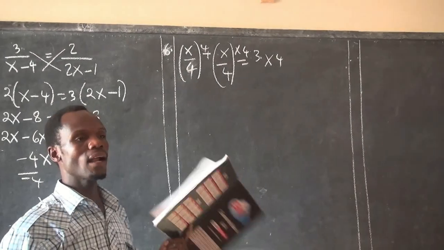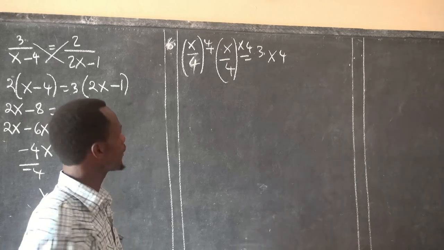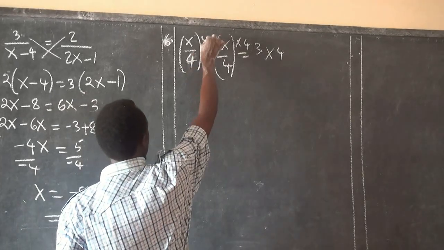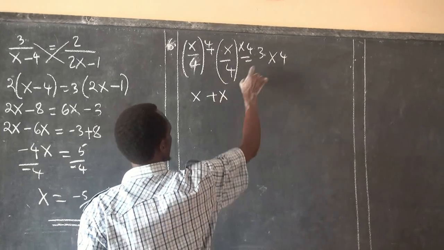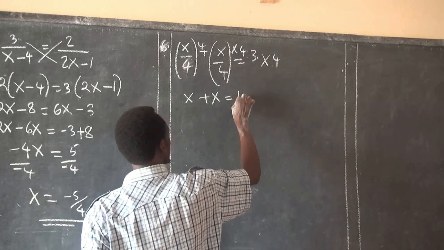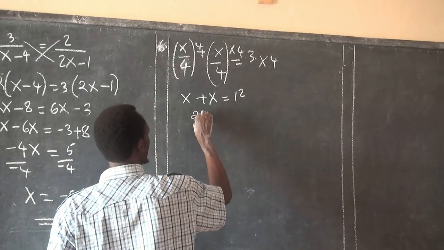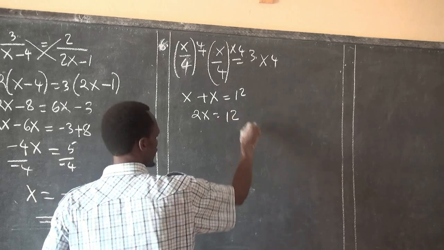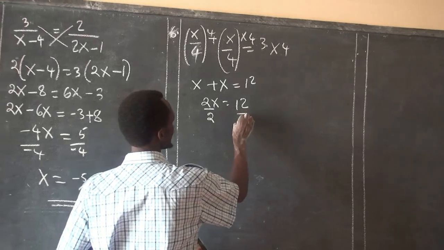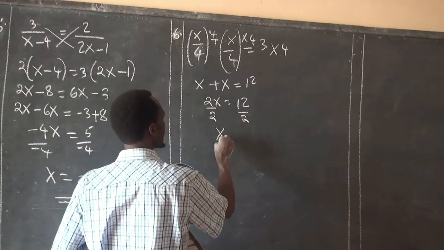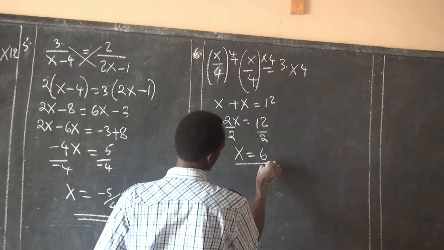Means we multiply by the LCM both sides at every term. Now 4 by 4 you remain with x, 4 by 4 you remain with x, 3 times 4 is equal to 12. Now you have 2x is equal to 12. We are looking for the value of x. Now we need to divide it by 2. Now x is equal to 6.